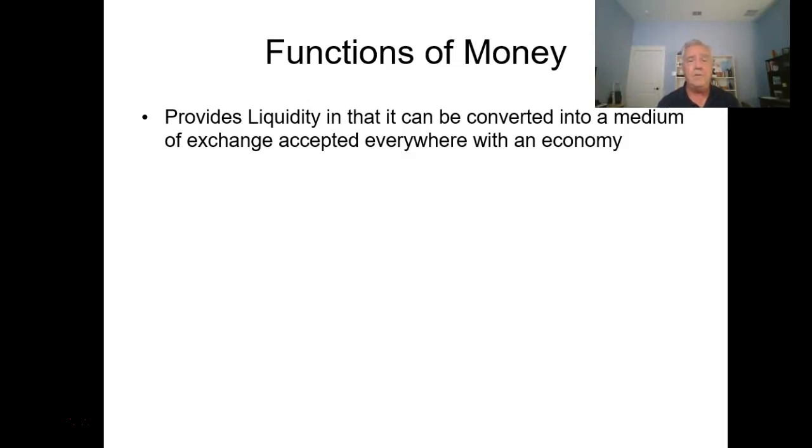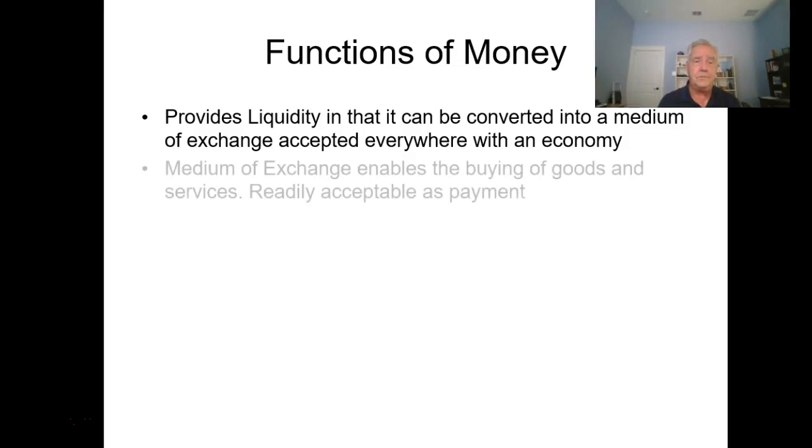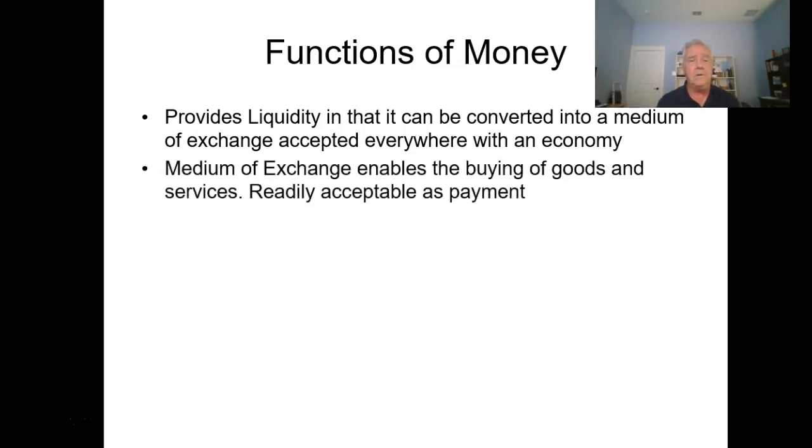And it's used anywhere in the economy. It's used in all states. It's accepted everywhere as a medium of exchange. So it enables us to buy goods and services, and it's accepted by everyone as payments. Okay? So I pay for the goods and services I want. I use fiat money to pay for those goods and services. Today, we primarily use our debit cards or credit cards.